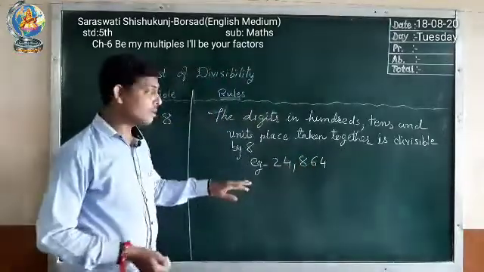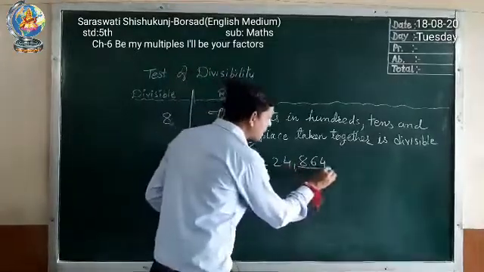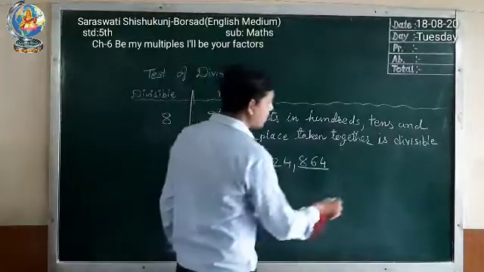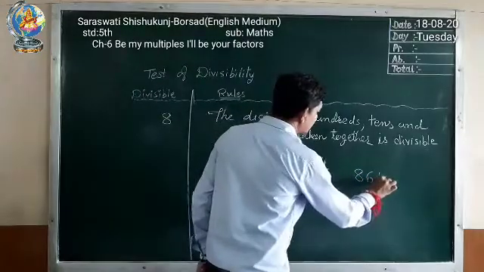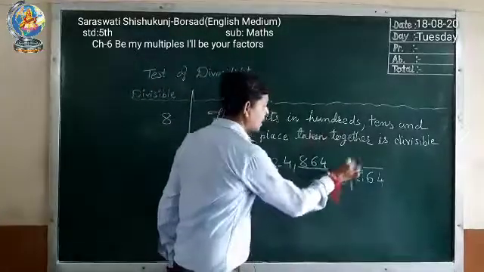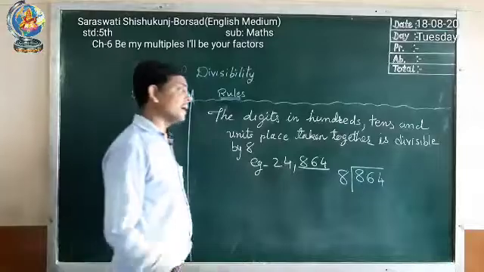So this is the number. Now you have to take the 3 digits of unit, tens and hundreds place, and divide this number by 8, and if you get remainder 0, then the given number is divisible by 8.